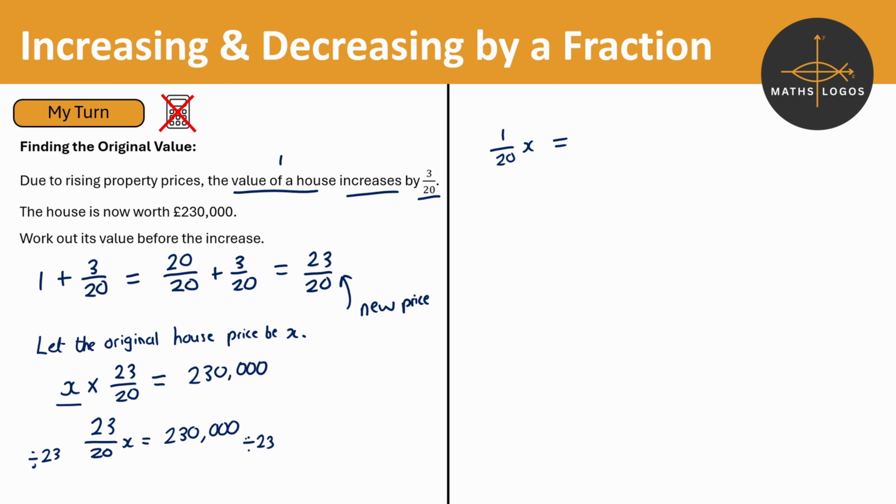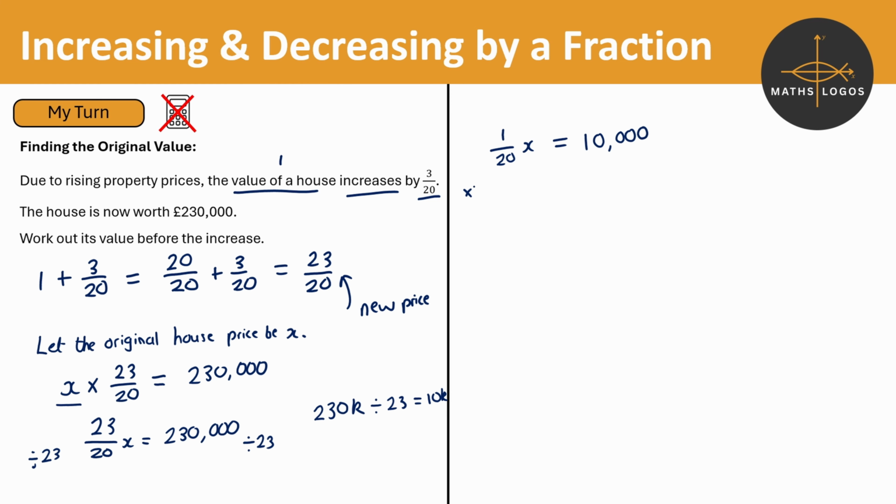Quick tip for this is to do 230 divided by 23, which is going to be 10. So it's 10,000. So 1/20 of the house price is £10,000.